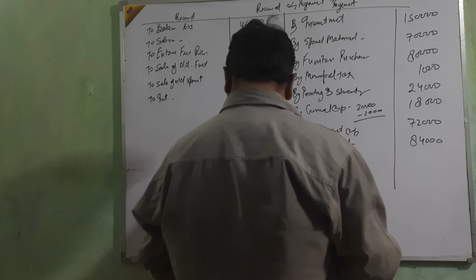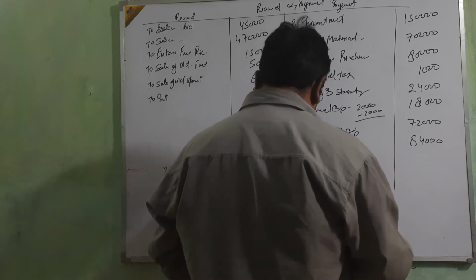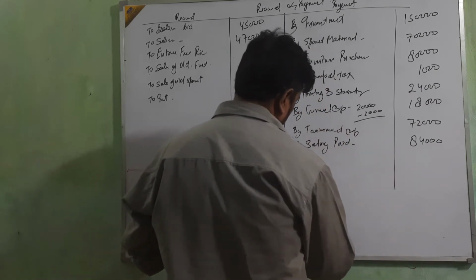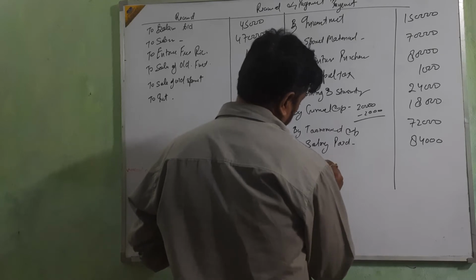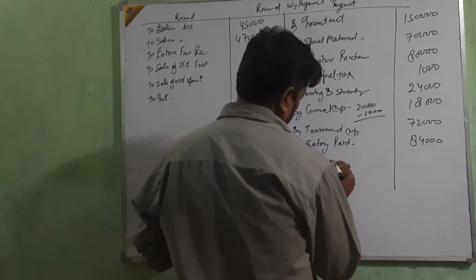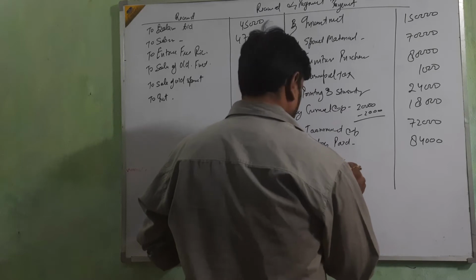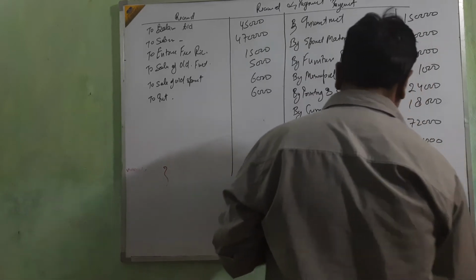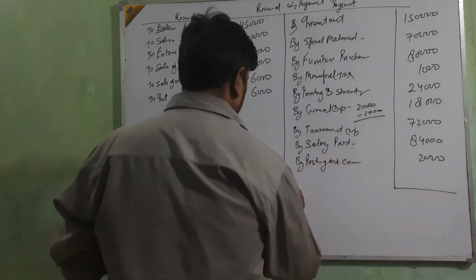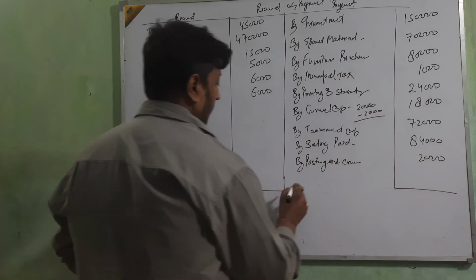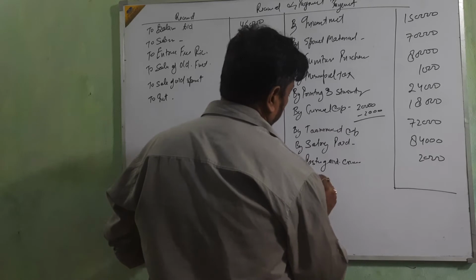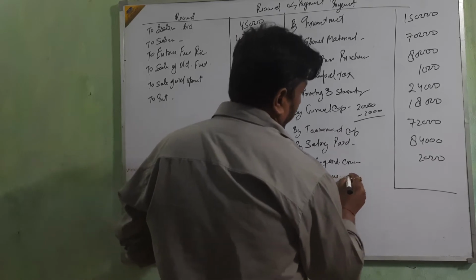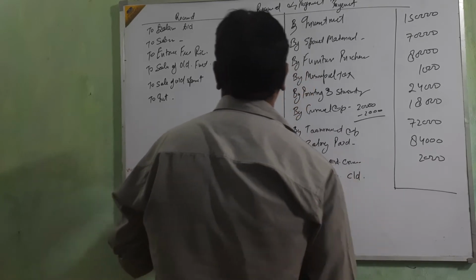And then postage and courier, 2,000. Now we are going to take the balance c/d.